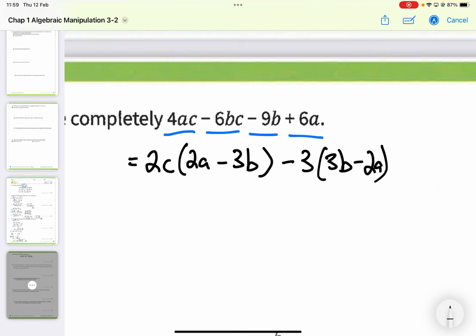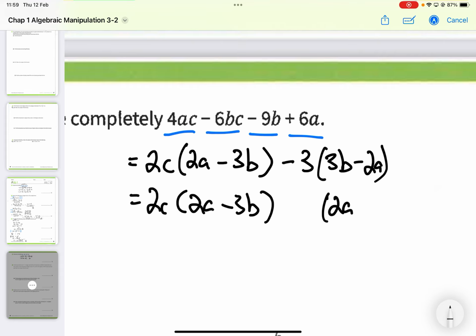If I take out negative 3 and I end up with 3B minus 2A, here it is 2A minus 3B, so they are different in sign. So I need to factorize out a negative sign. I will factorize out a negative sign to change my 2A to positive 2A.